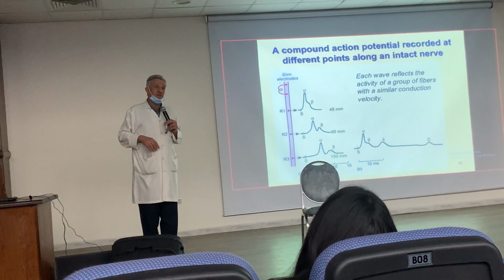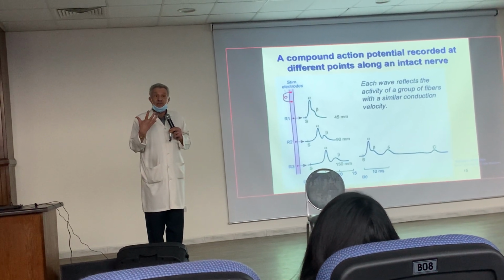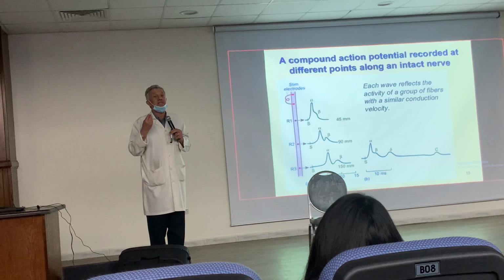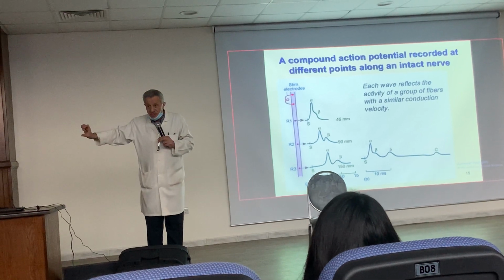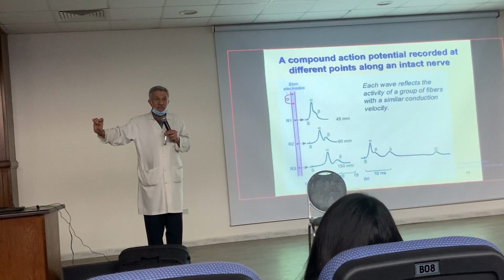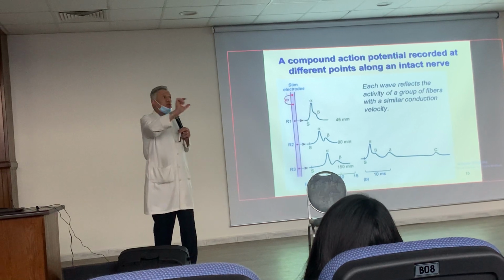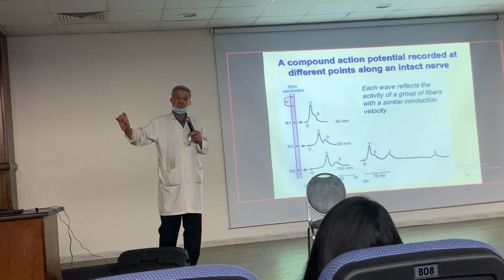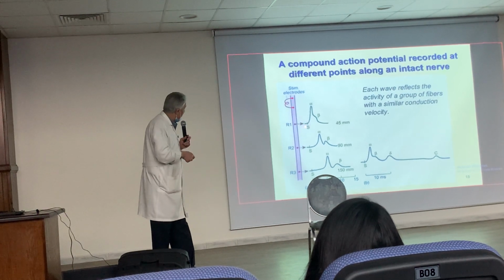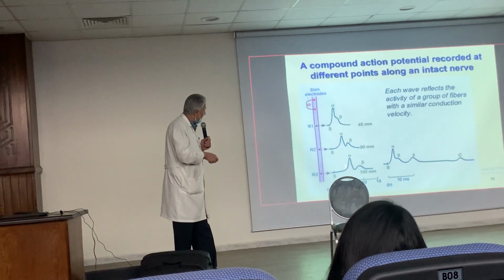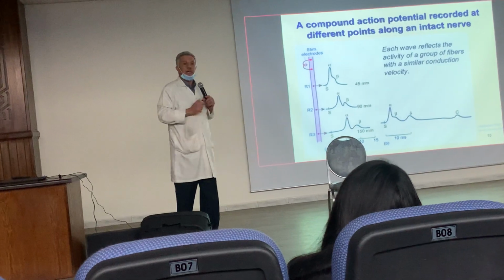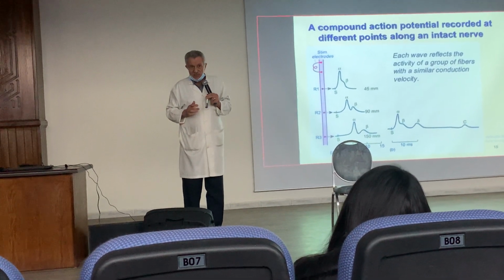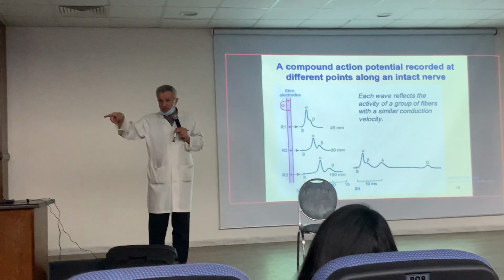Because there are myelinated and non-myelinated fibers. You will not see the same velocity of conduction along all nerve fibers. You have different fibers with different velocities of conduction. You have the fastest fibers, characterized as alpha fibers, with the fastest conduction.